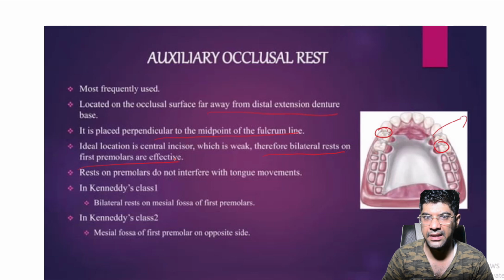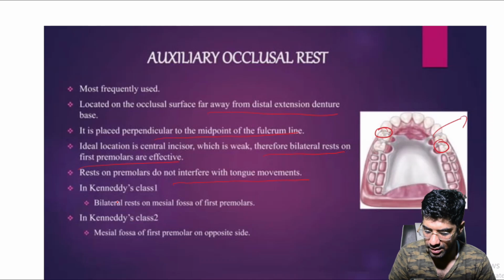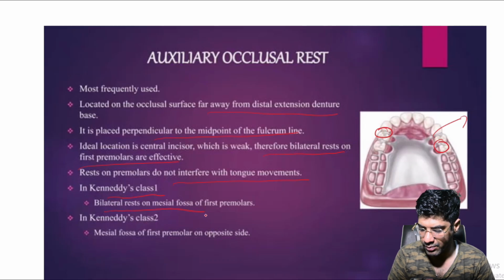Plus they may interfere with the tongue. Remember, in Kennedy class 1, bilateral rests are placed on the mesial fossa of the first premolar, and in Kennedy class 2, the auxiliary occlusal rest is placed on the mesial fossa of the first premolar on the opposite side.